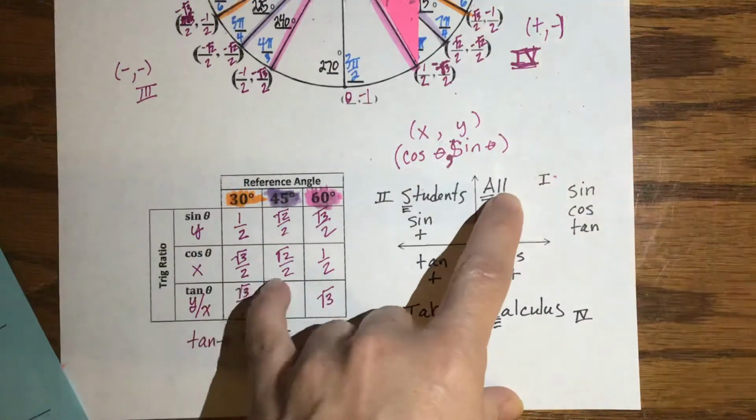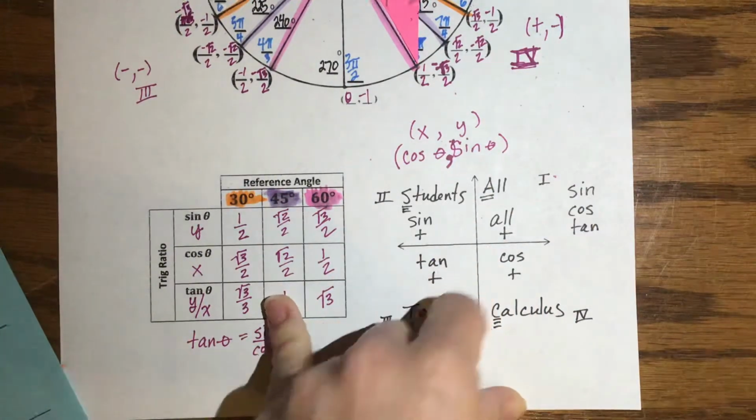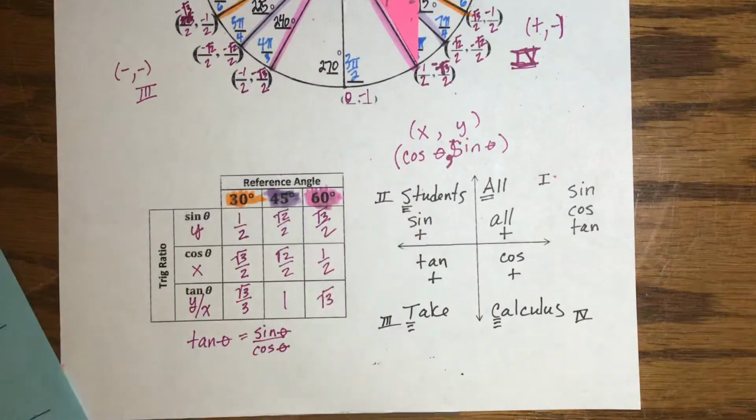In the first quadrant, everything's positive for those three, because I went to the right and up. In the second one, I went to the left, so cosine is going to be negative, because cosine is your x. And then tangent's going to be negative, because I'm going to do sine over cosine, so positive over negative.